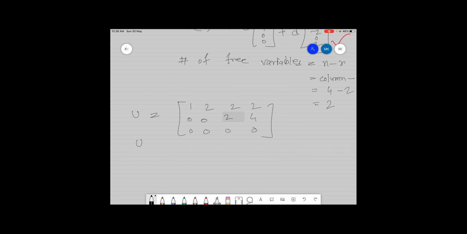From this U we solved Ux equals 0, right? So from this I want to get R. R is basically the reduced row echelon form.